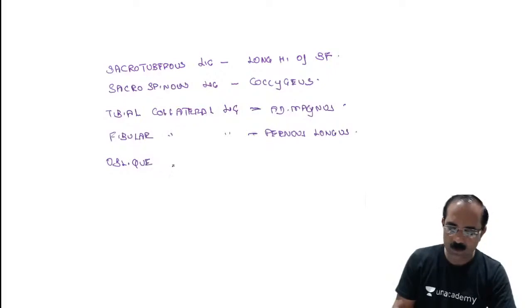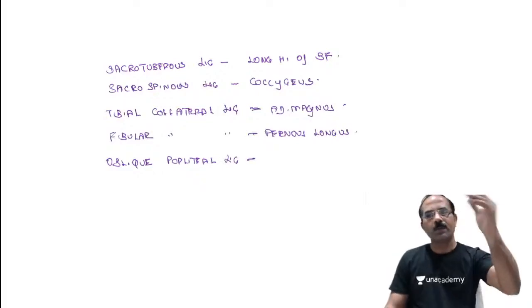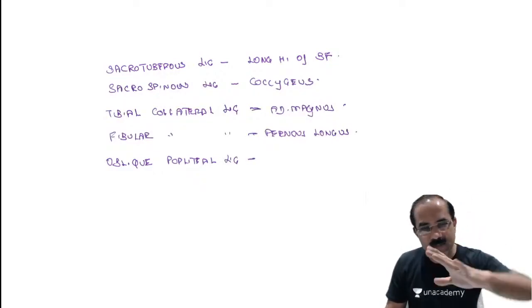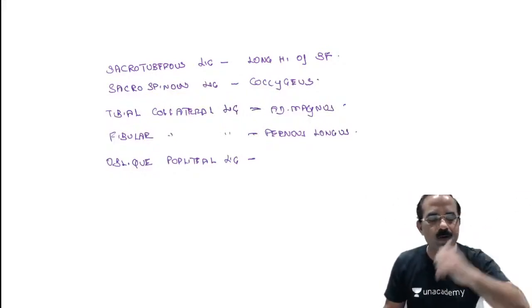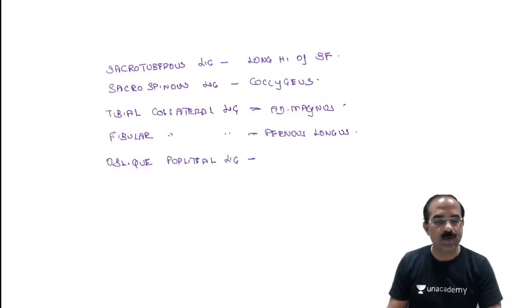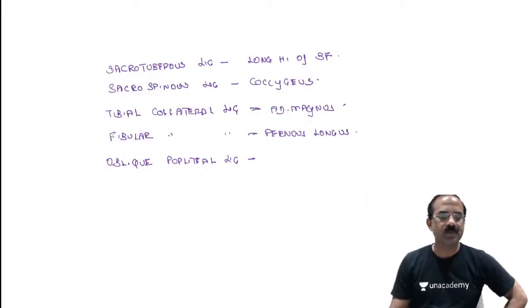Oblique popliteal ligament. Tell me, can anyone answer this? It lies in the popliteal fossa, in the floor of the popliteal fossa. And this oblique popliteal ligament is a degenerated part of? Anyone? Answer.